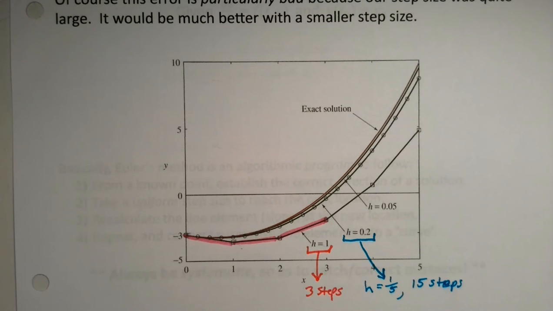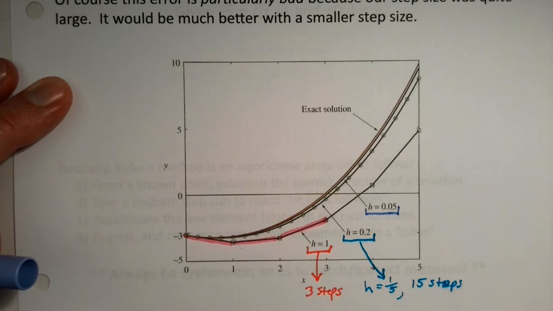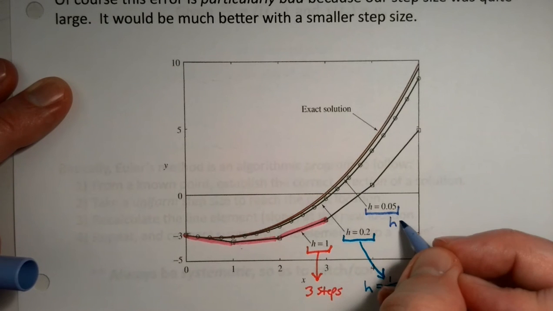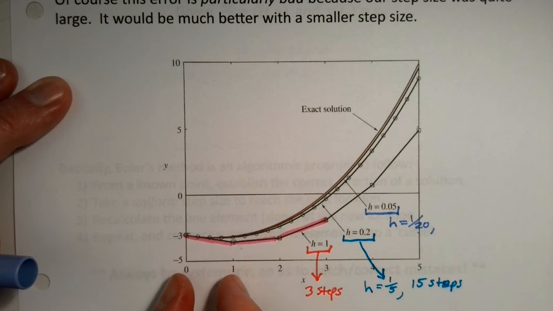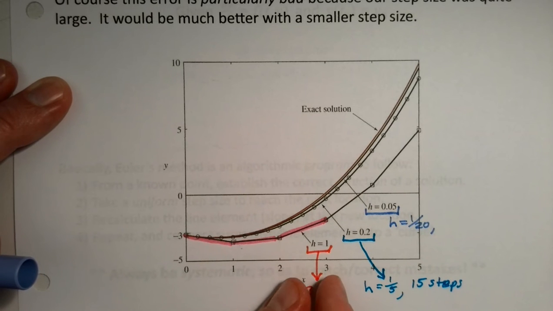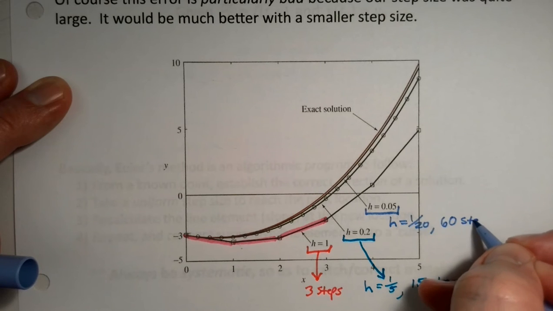Now, if you wanted to be really crazy, you could do a step size of 1/20th. But if you did 1/20th, then that means there's 20 steps here, 20 steps there, 20 steps there. That means you'd be doing 60 steps in order to get there.